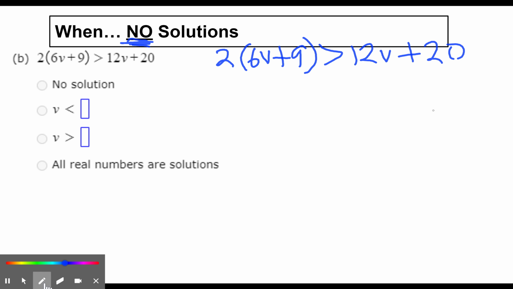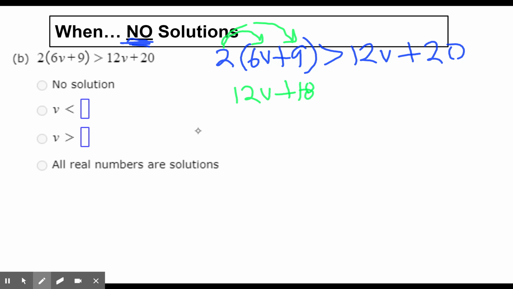Just as before, we're going to simplify each side. I have 2 times 6v and 2 times 9 on the left side, which is going to give me 12 times some number v plus 18.